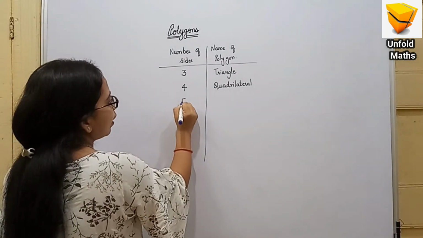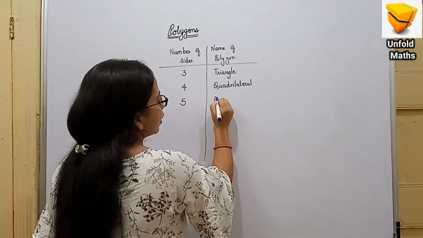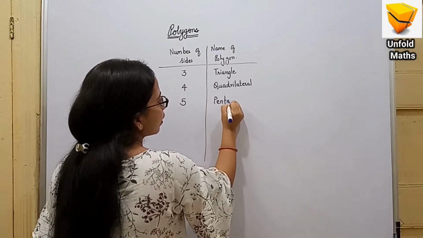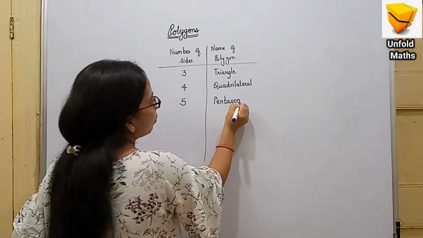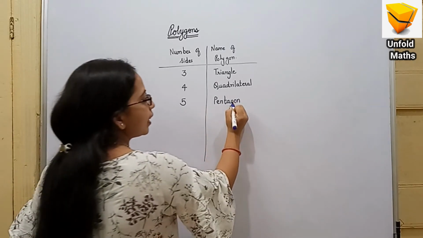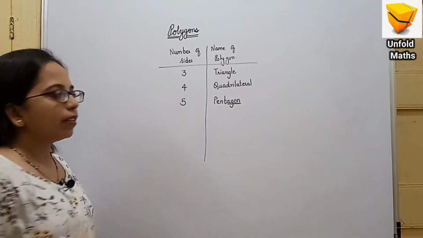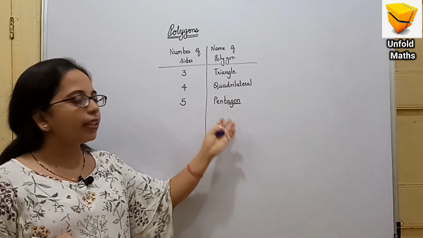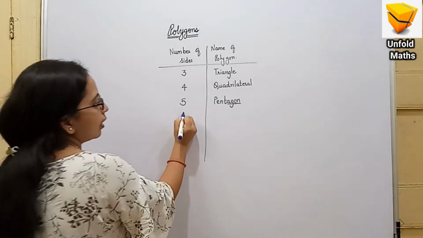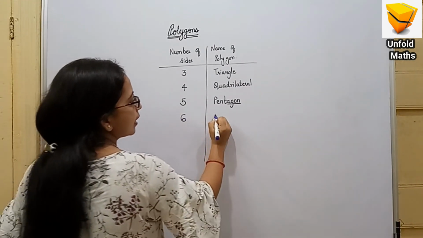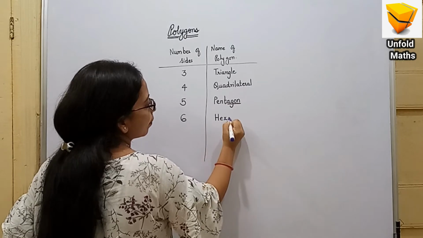Then with five sides we have a pentagon. From pentagon onwards, we will see that 'agon' will be there in each and every name. A figure with six sides is a hexagon.